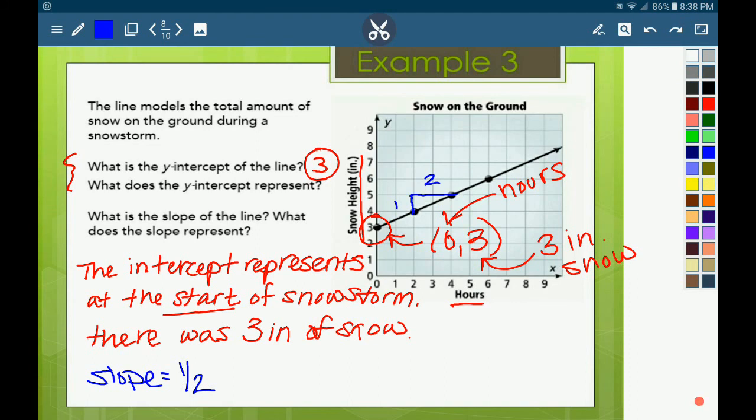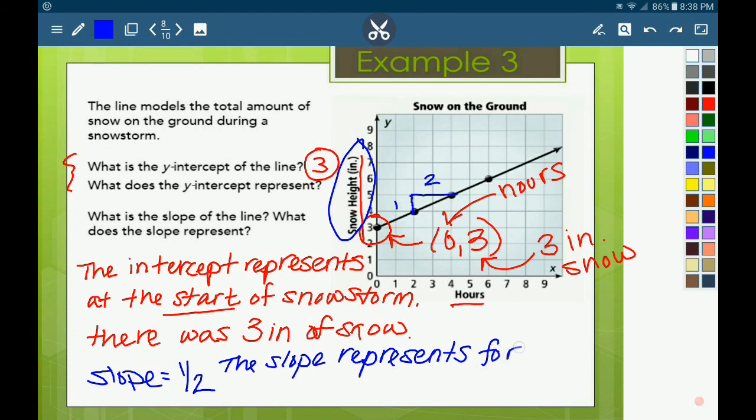Well, what does that represent? The rise is the y's. So what this represents is the slope represents, for every 1 inch of snow fallen.